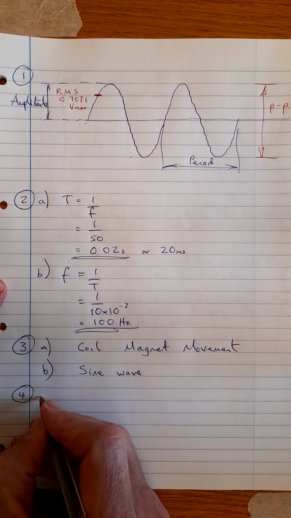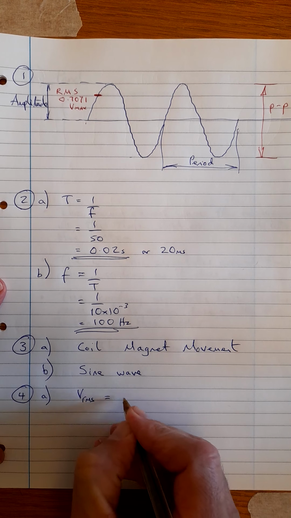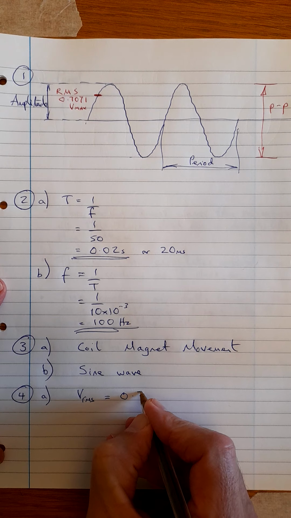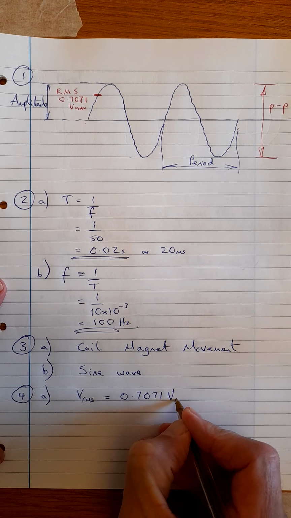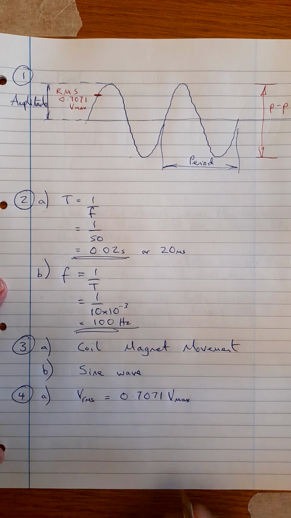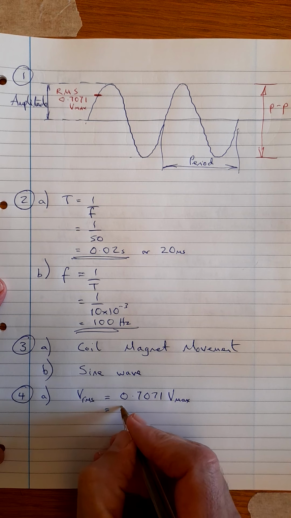Question 4. You have to calculate RMS. Give me the formula. VRMS is 0.7071 times the maximum, or the peak, however you want to call it. Either are acceptable.